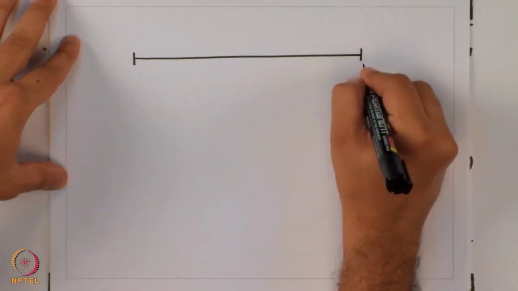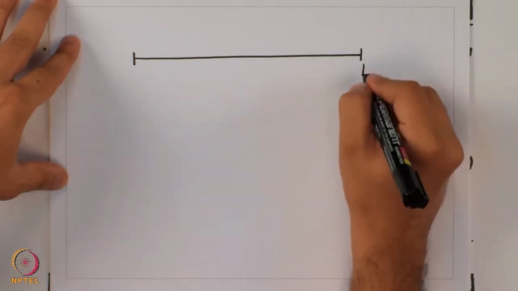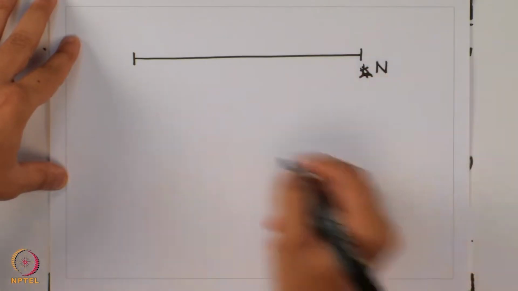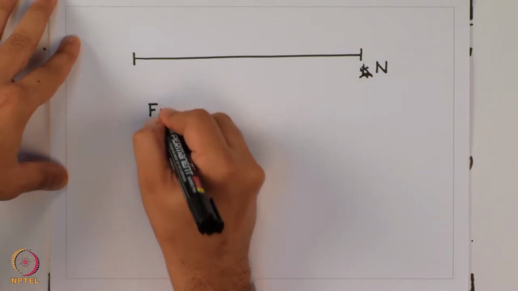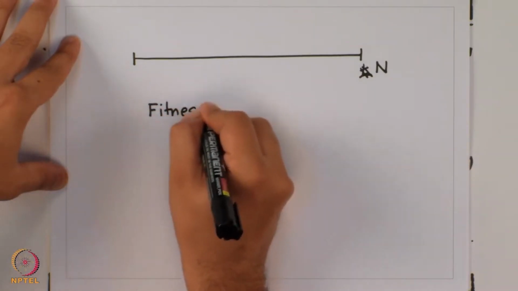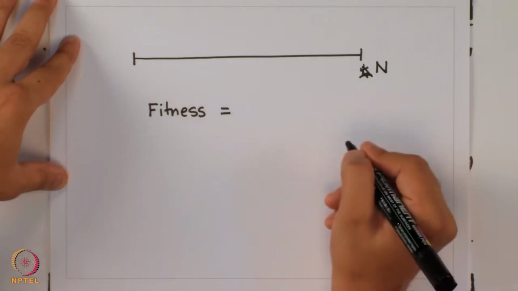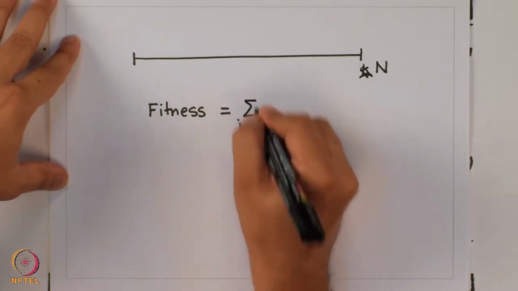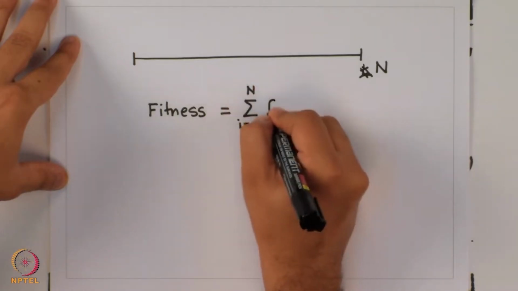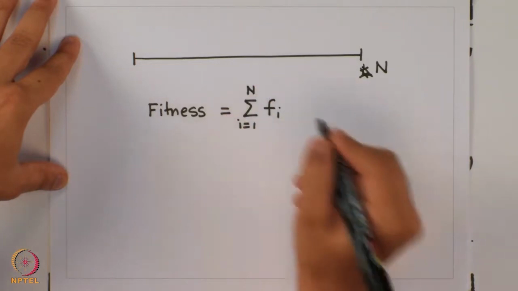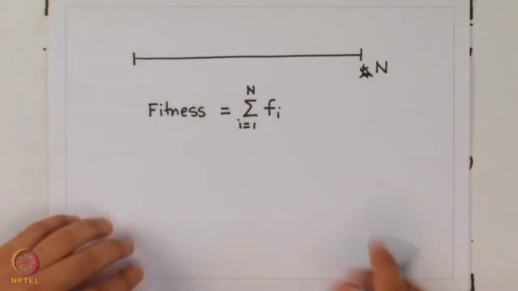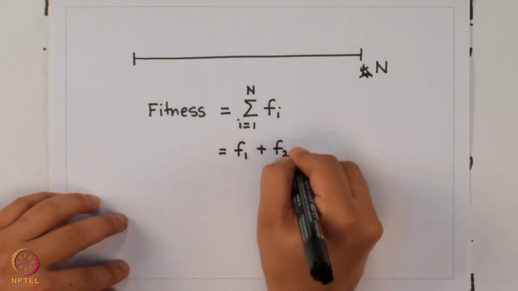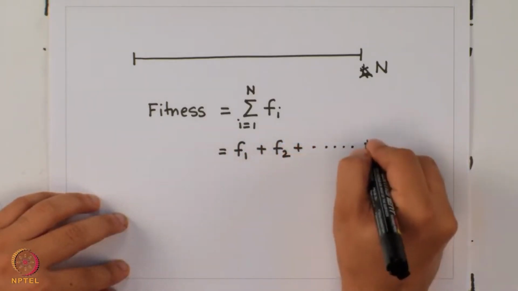If this is a DNA of length, let me not call it L but N, then the fitness of this DNA sequence can be defined as the summation of relative contributions from each of the nucleotides associated with this sequence. So, the total fitness is just F1 plus F2 going all the way up to Fn.